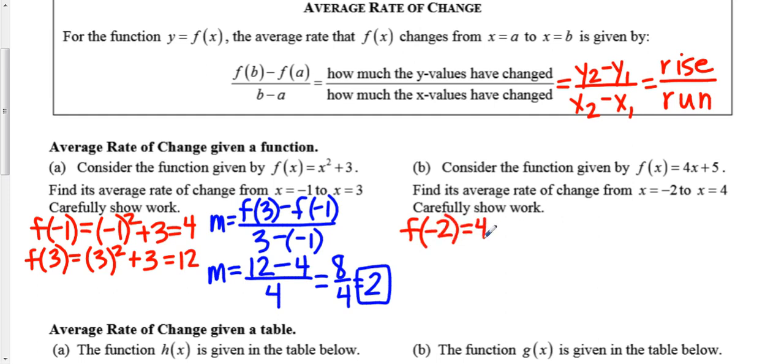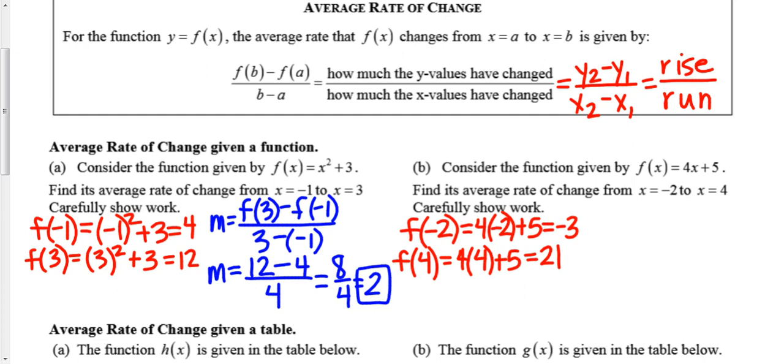We are going to substitute -2 in for x and simplify. 4 times -2 is -8. -8 plus 5 is -3. We will do this again for f of 4. Substitute 4 in for x. 4 times 4 is 16. 16 plus 5 is 21.